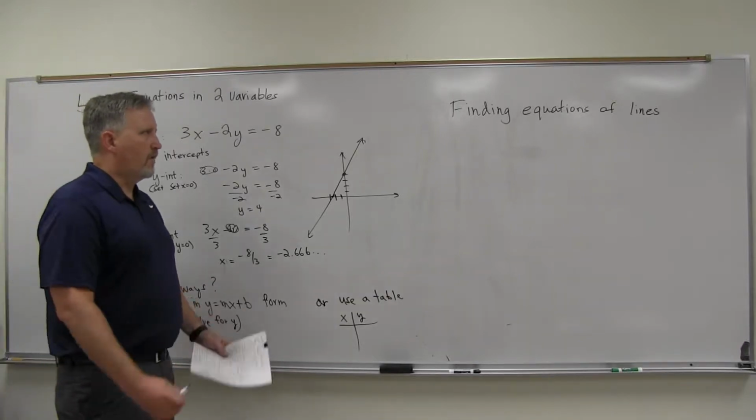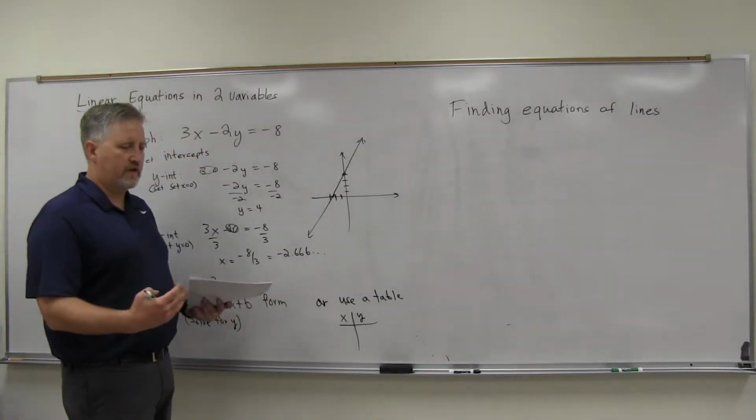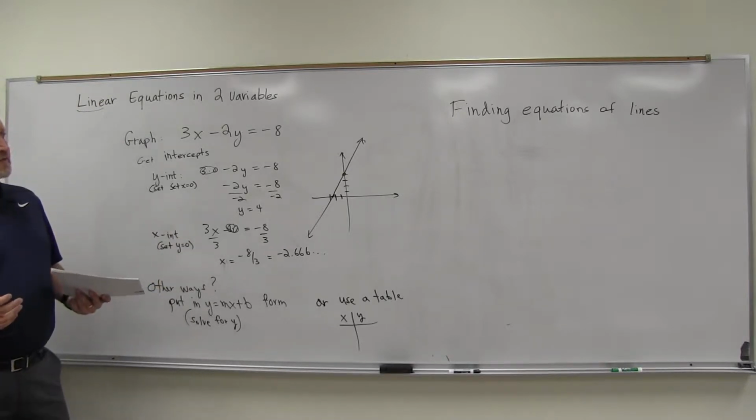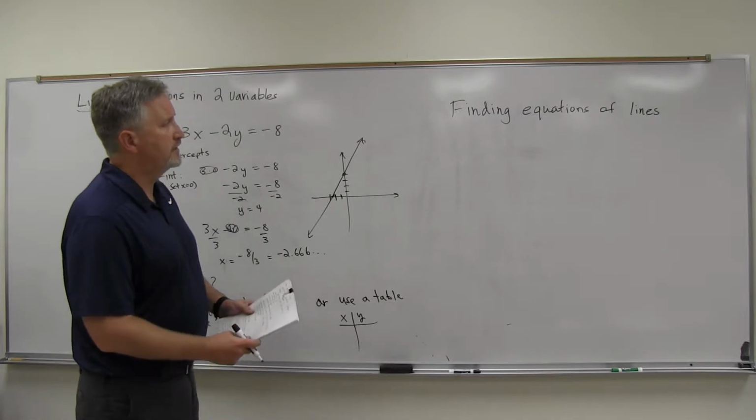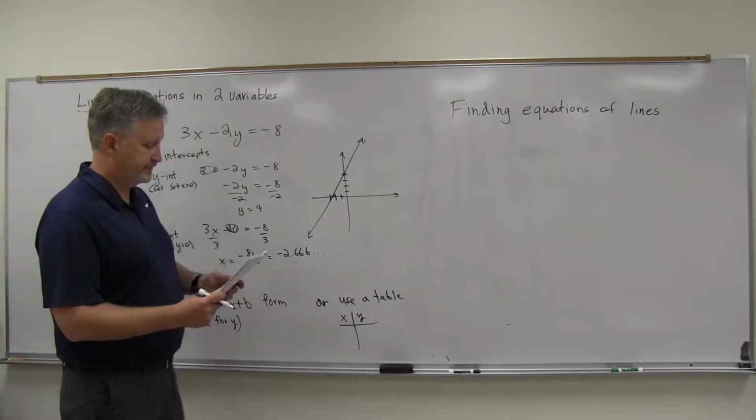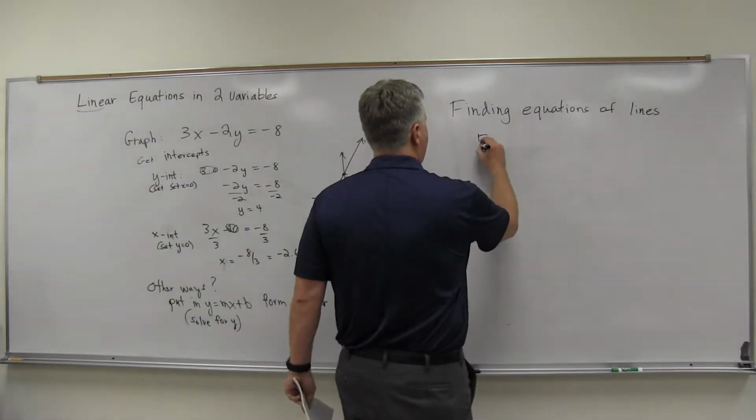All right, so let's find some equations of lines. Go the other way, where we have some information and go to the equation of the line. For example, number 1.